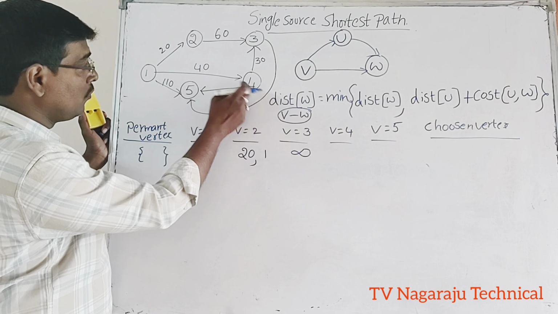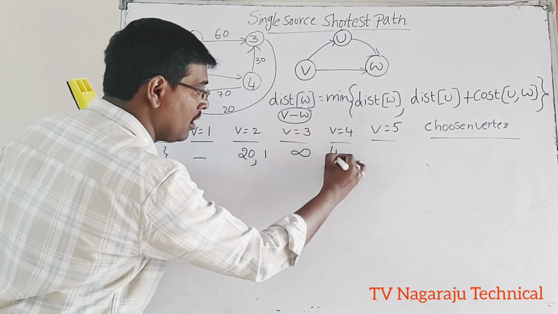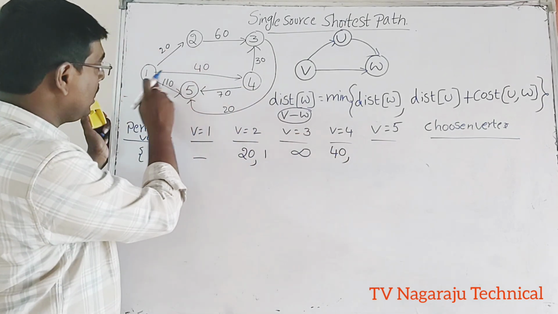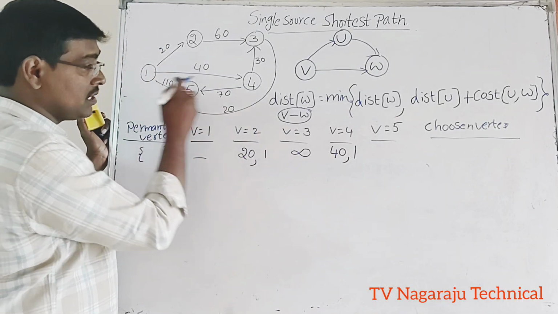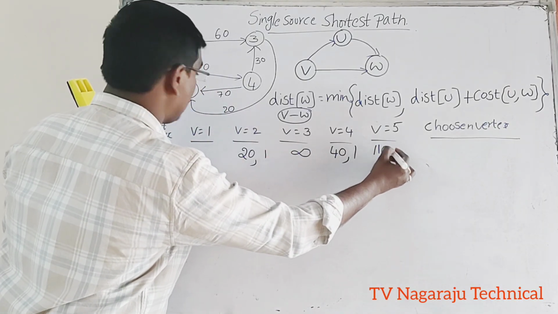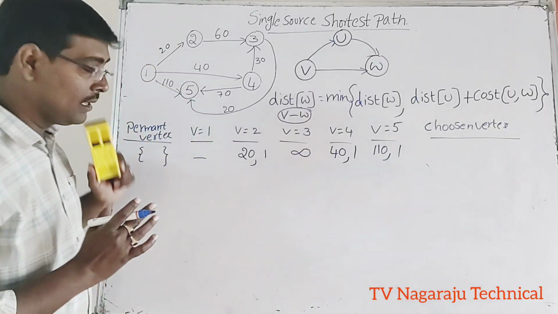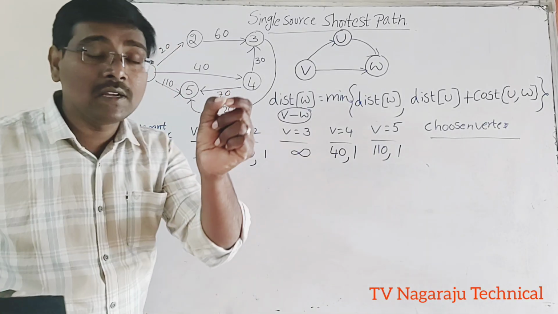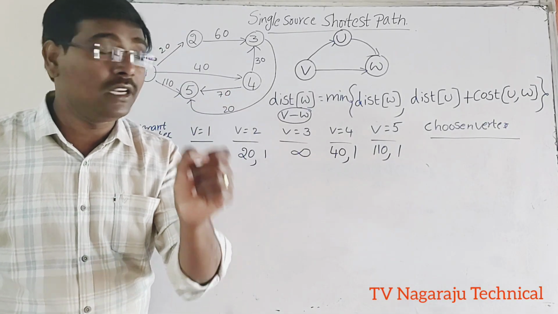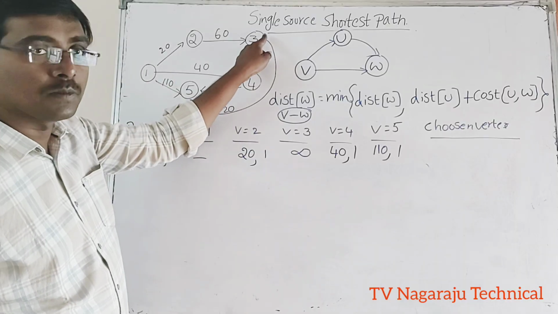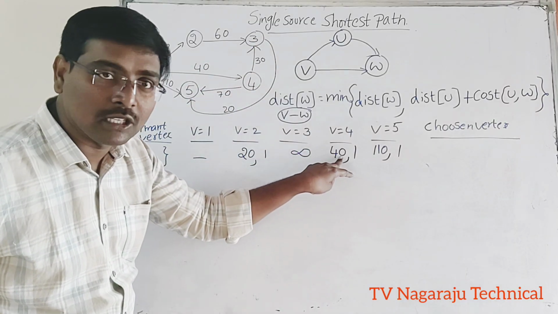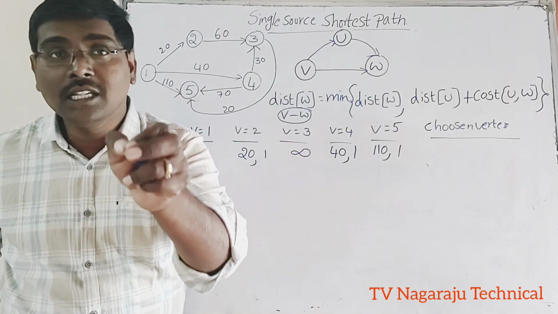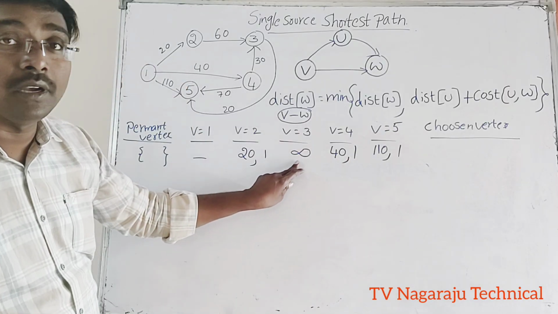For vertex 4, yes, a direct edge is there: 40, comma, 1. For vertex 5, a direct edge is there: 110, comma, 1. Clear? This is the first step: the direct distance from the source to the corresponding vertex. If the edge is present, write down the corresponding weight. If the edge is not present, mark it as infinity.